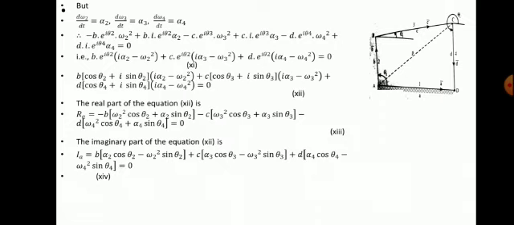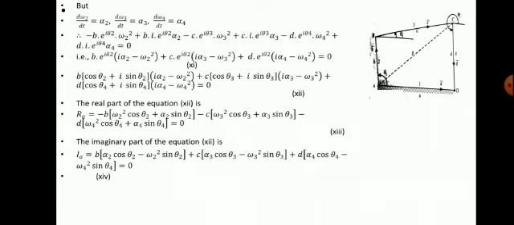Imaginary part of the equation is b into alpha 2 cos theta 2 minus omega 2 square sin theta 2, plus c into alpha 3 cos theta 3 minus omega 3 square sin theta 3, plus d into alpha 4 cos theta 4 minus omega 4 square sin theta 4 is equal to 0. These are the real and imaginary parts, nothing but the 13th and 14th equations.